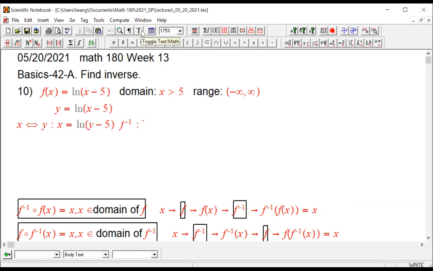The domain would be all real numbers. And the range is also set. So this y is going to be larger than 5.